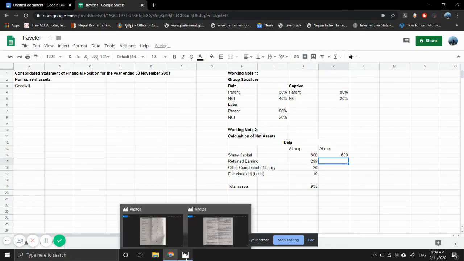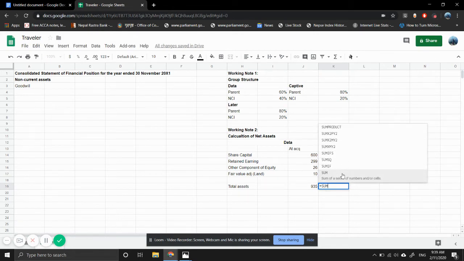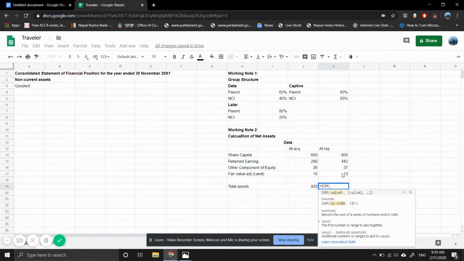This will have changed retained earning by the year end 442,37. Okay, and then the value adjustment for land. Alright, so this will be same figure as this, and then the total will be sum of everything, right?